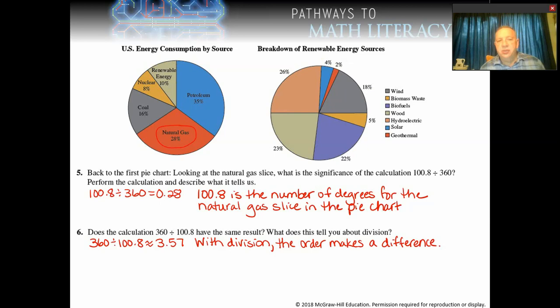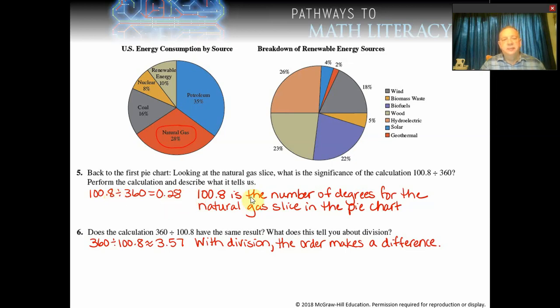Back to the first pie chart, looking at the natural gas slice, what is the significance of the calculation 100.8 divided by 360? That would be the number of degrees for the natural gas slice in the pie chart. So if I did that percentage, 0.28 times 360, that would be the 108.